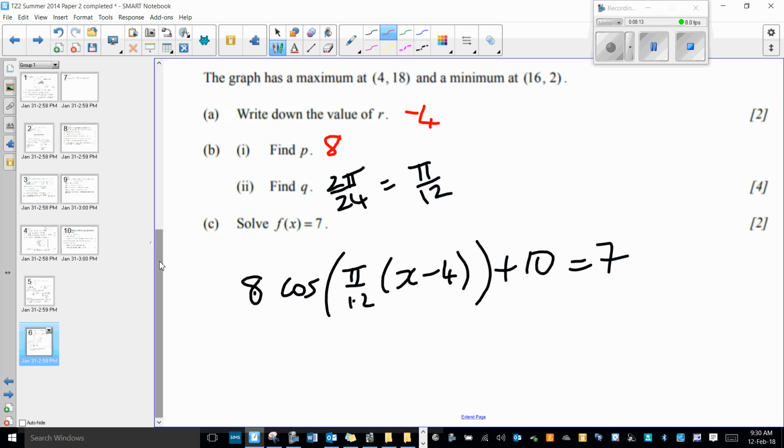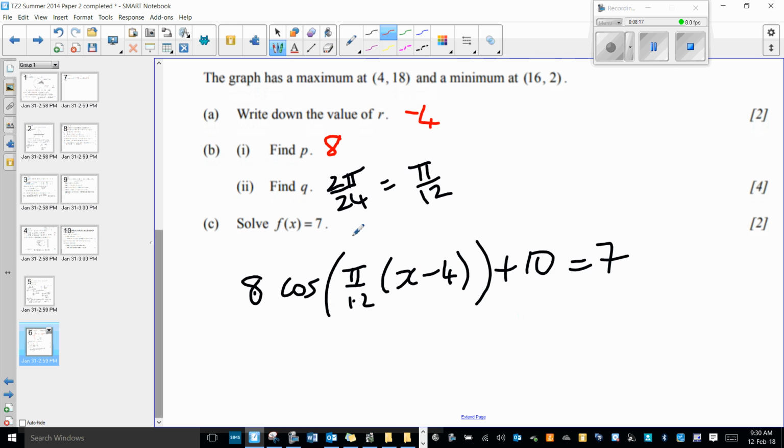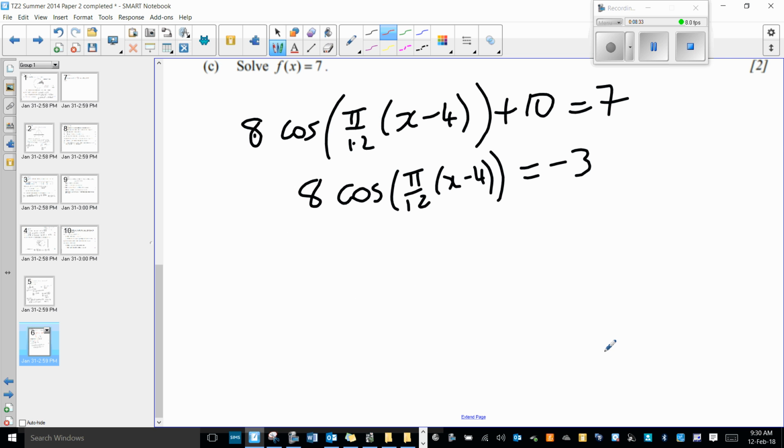So that's right. Okay, so 8 cos of pi over 12 (x minus 4) equals -3. Cos of pi over 12 (x minus 4) equals -3 over 8.